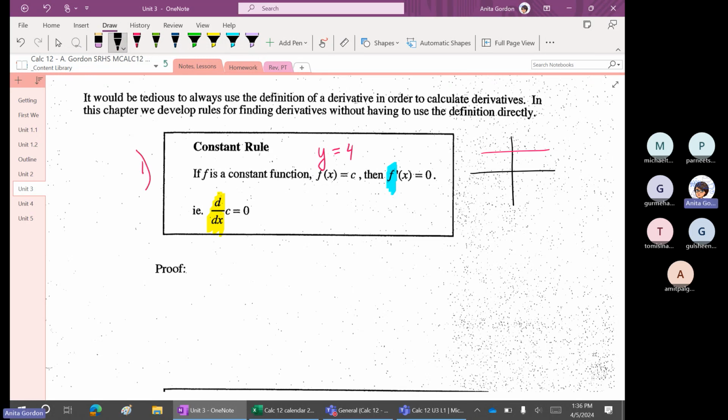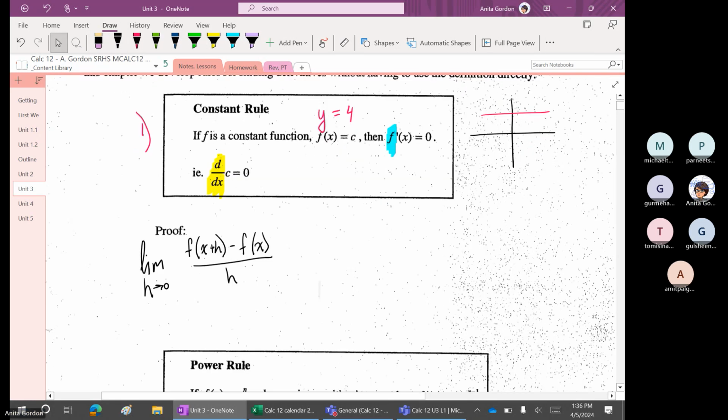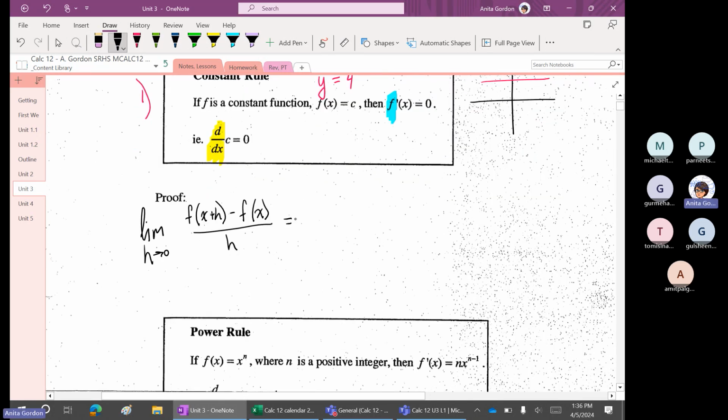And the proof for that is if we take the limit as h goes to 0, and remember the limit is f of x plus h minus f of x, all over h, right? Our function is just c minus c over h.